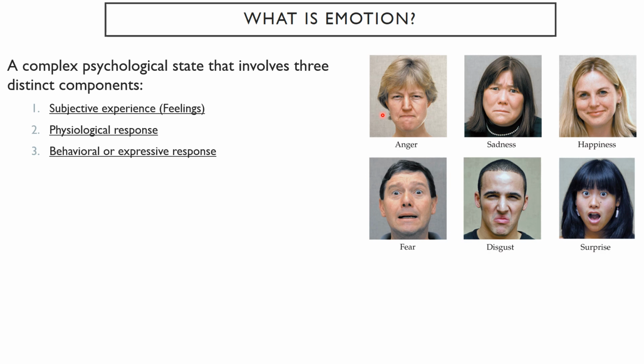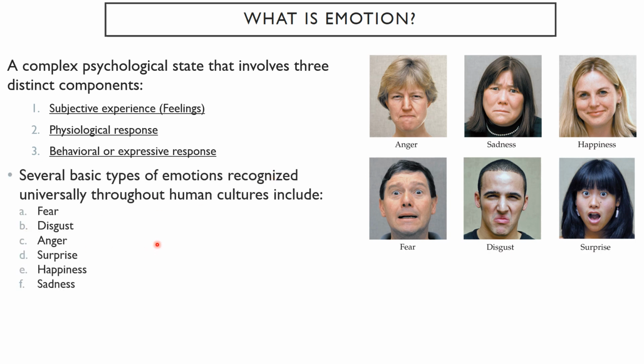And this is a behavioral response. The way we contort our face communicates to the people around us what emotion we are feeling, what our subjective feelings are, and tells them something about our physiological response so that they can respond in kind.